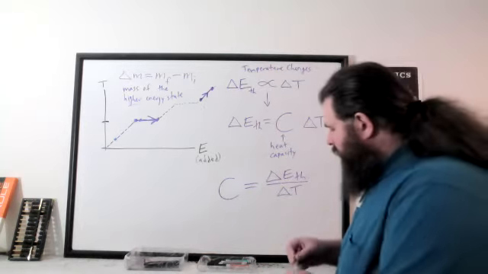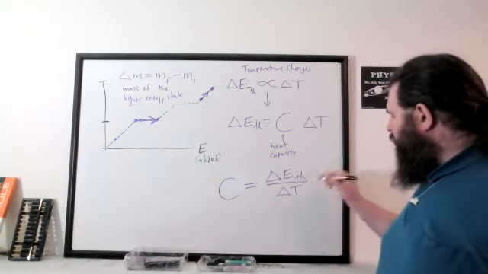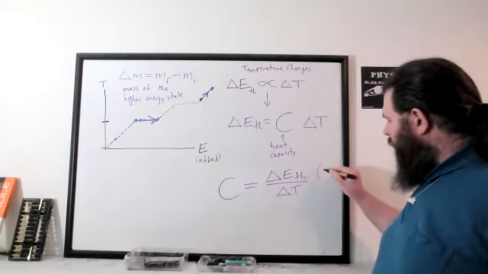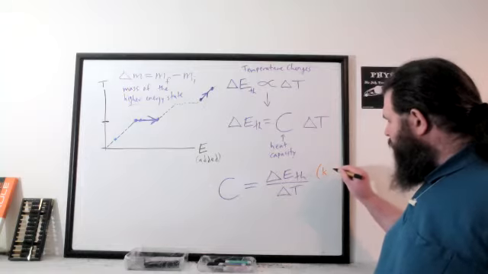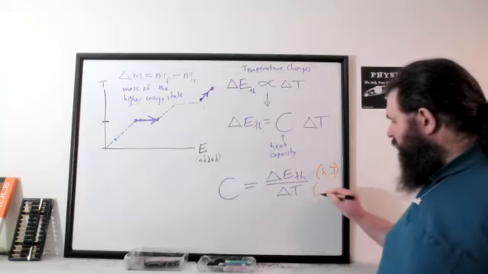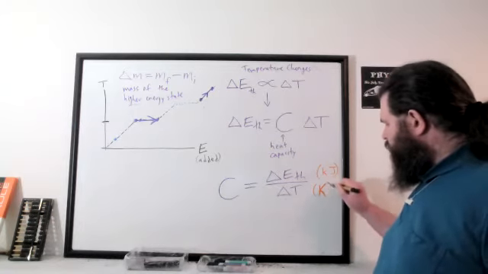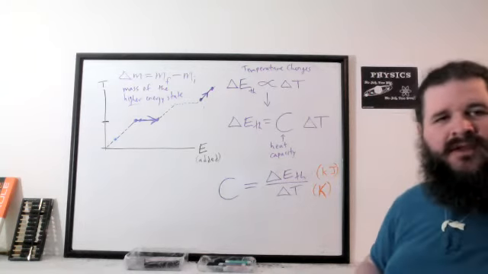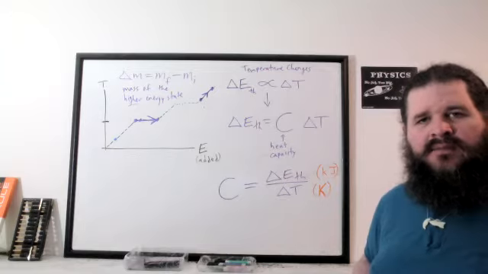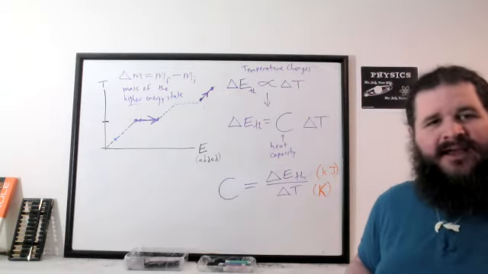And as before, we can also get more information by looking at the units of measurement. Delta E thermal is going to be measured in joules or perhaps more likely kilojoules. And then temperature change is going to be measured in kelvins, or sometimes degrees Celsius. But the thing is, if you're talking about a change in temperature, kelvins and Celsius are the same thing.